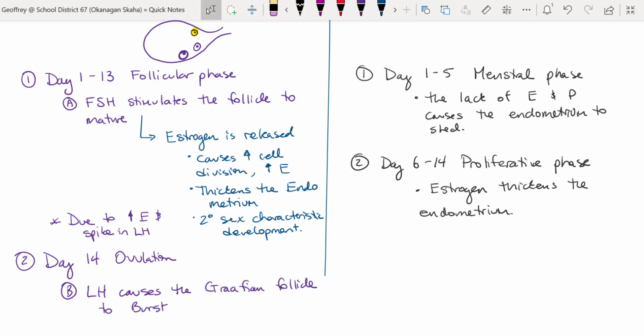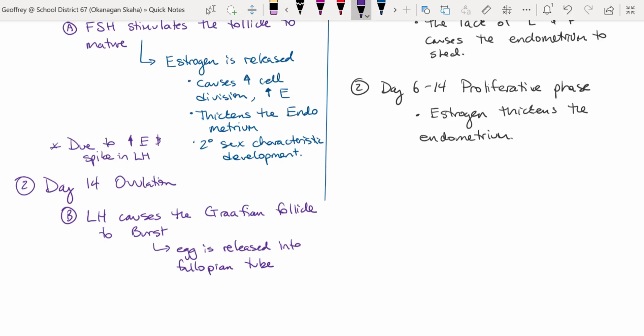And what this does is we release the egg into the fallopian tube. So egg is released into the fallopian tube. So this has no effect on the uterus at the moment. It just goes into the fallopian tube and gets ready to hopefully be fertilized.